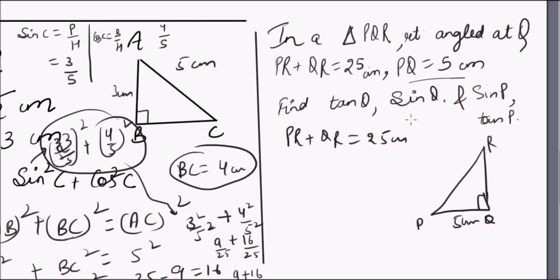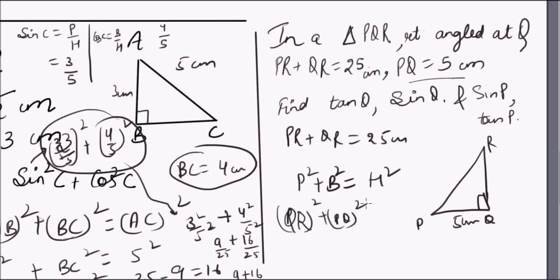To find out these, we need all the sides, that is hypotenuse and perpendicular: PR, its length, as well as QR, length. By Pythagoras theorem, we know that perpendicular square plus base square equals hypotenuse square, which means QR square plus PQ square equals PR square.